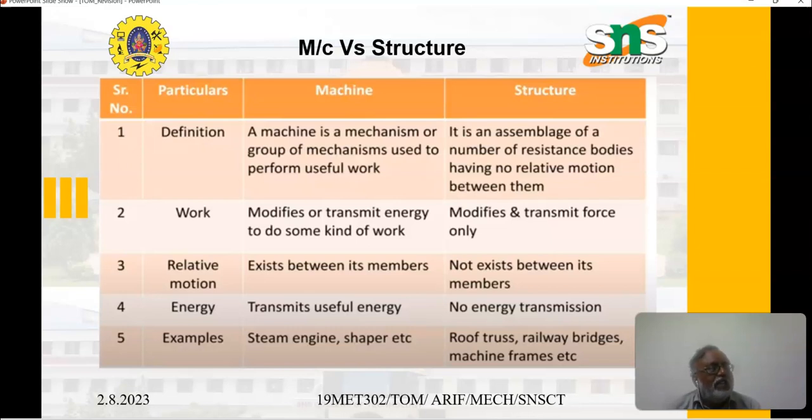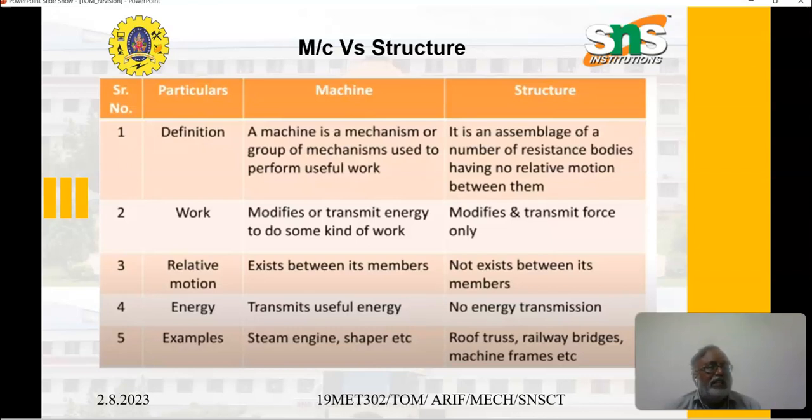When we consider relative motion, it exists between the members of a machine, but not between the members of a structure. Based on energy, the machine transmits useful energy, but the structure does not transmit any energy.